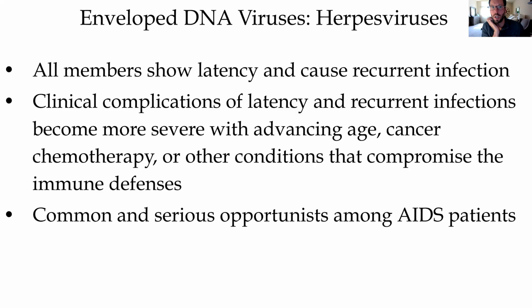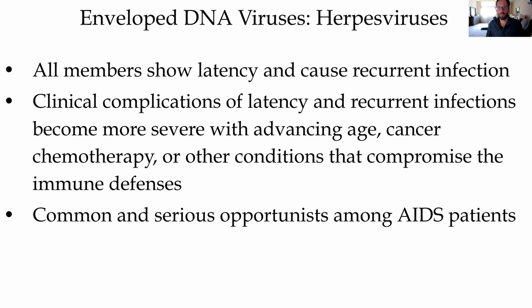Herpes viruses are another example of enveloped DNA viruses. And all of them can be latent, meaning they go into kind of a dormant state and then infection comes later on in the lifespan of the patient.